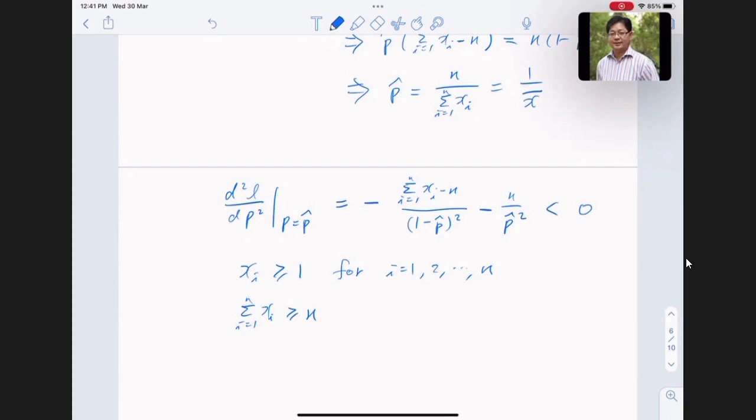Usually this comparison is sometimes based on the possible range of the parameter and also the possible range of the data. For a different model, for a different distribution, you will have a different way to determine the sign of the quantity in the second derivative. And you need to take into consideration the range of x. Okay? Any question?